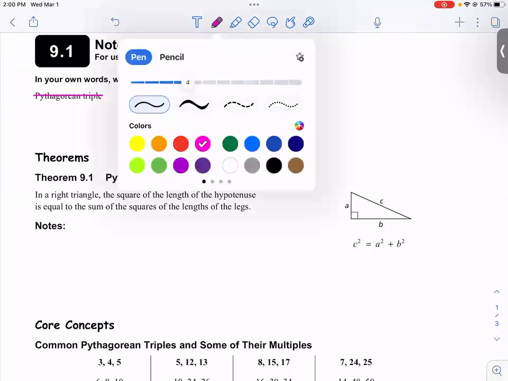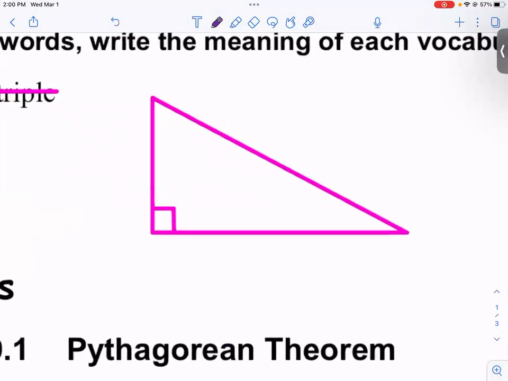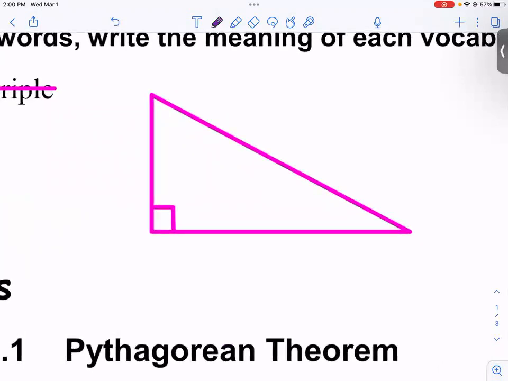Okay, I want you to draw this triangle. Page 244.